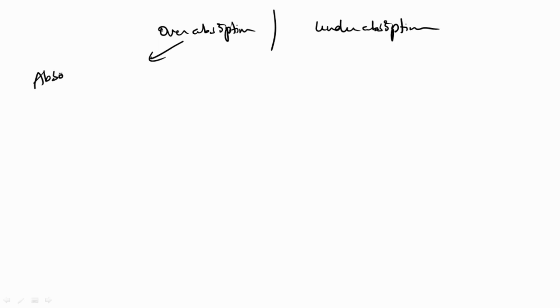Now let's try to understand what happens when there is over absorption as well as under absorption. Okay, so let's start with over absorption. Over absorption means what?